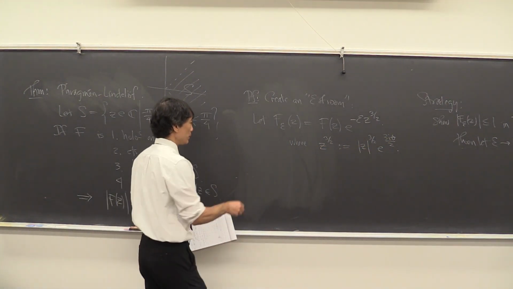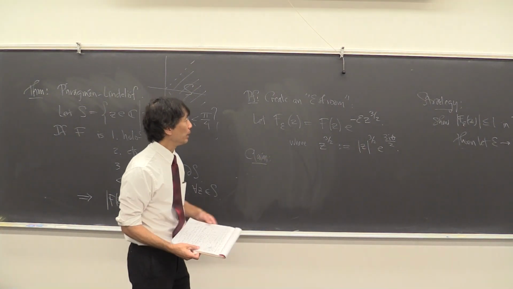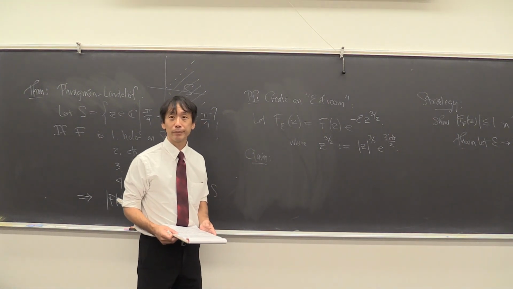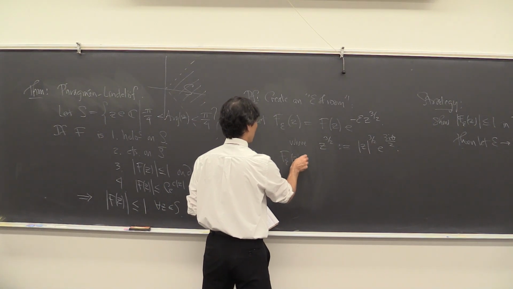The first thing we're going to do is show that each of these things is bounded. So f_epsilon is bounded.